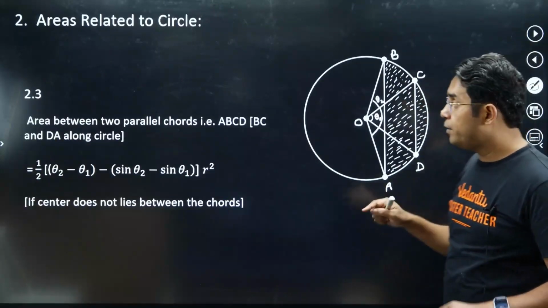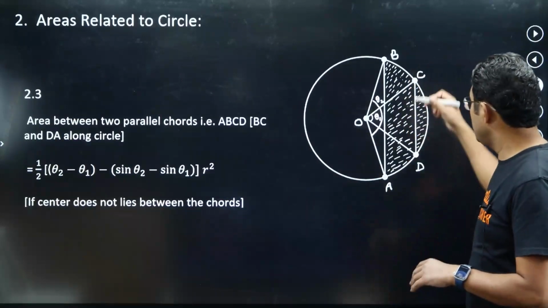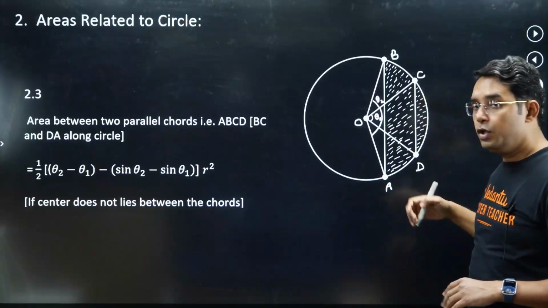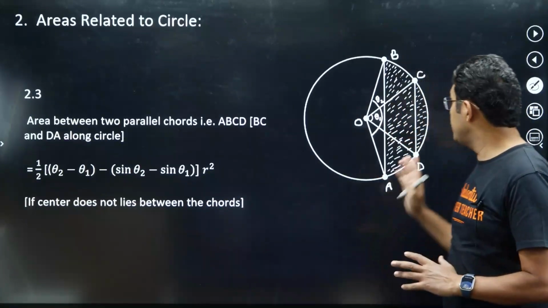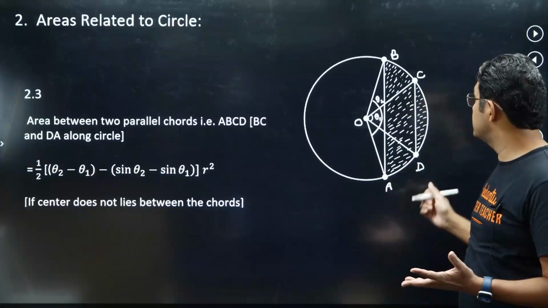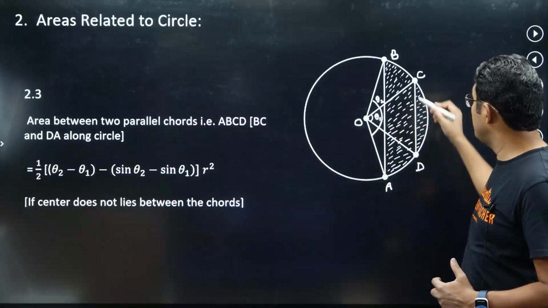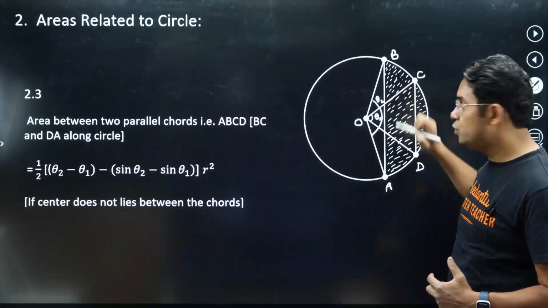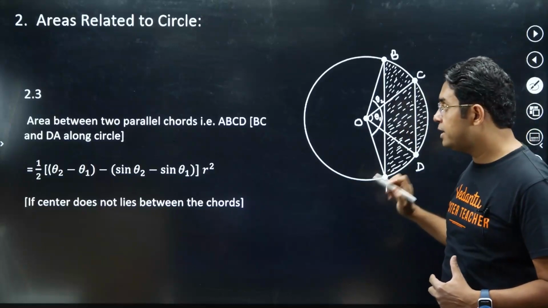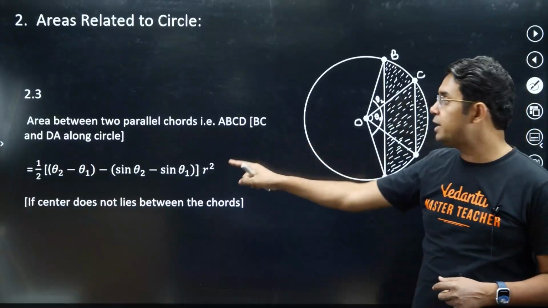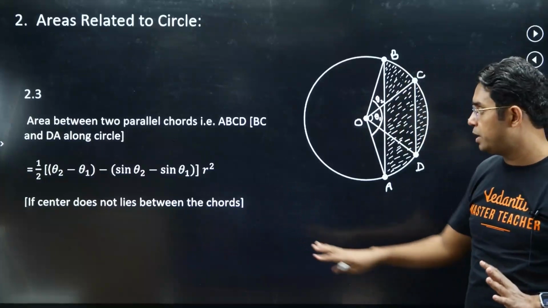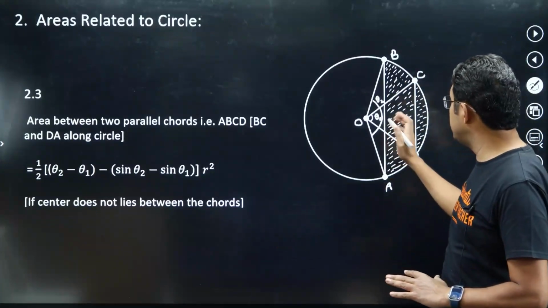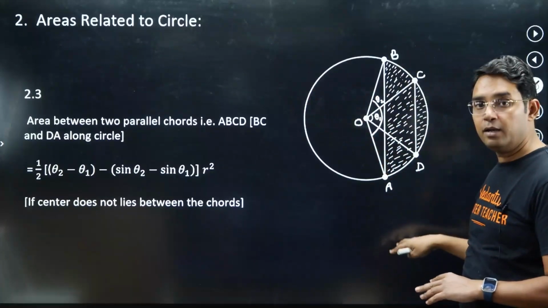And then suppose you have two parallel chords like AB and CD. You can use the previous result and take the difference of the two to give you the answer. So if AB is subtending theta 2 and CD is subtending theta 1, then the area will become half into theta 2 minus theta 1 minus sin theta 2 plus sin theta 1, into r square. This is the case when the center is away from these two parallel chords.